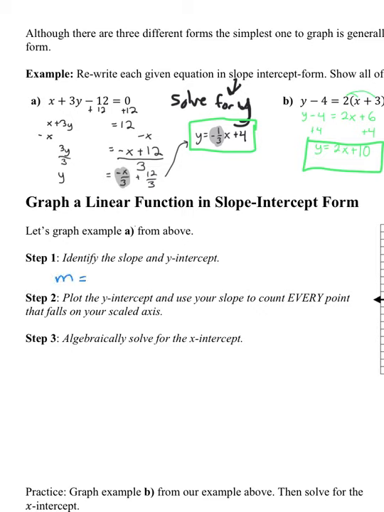So from example A, the slope was negative 1/3. That's why we want to split it up. And the y-intercept is 0, 4. And I'm going to write it as an ordered pair. That way I know the y-intercept is on the y-axis, 0 is the x value. So 0, 4. So it's going to be on that vertical axis.